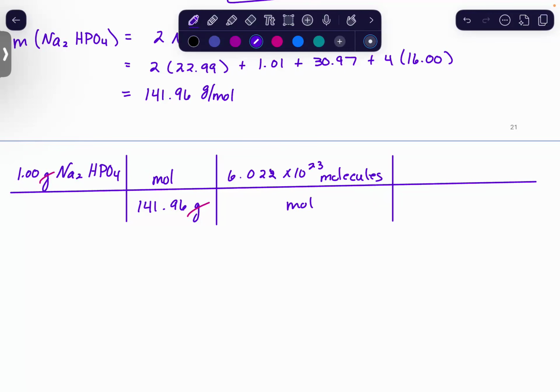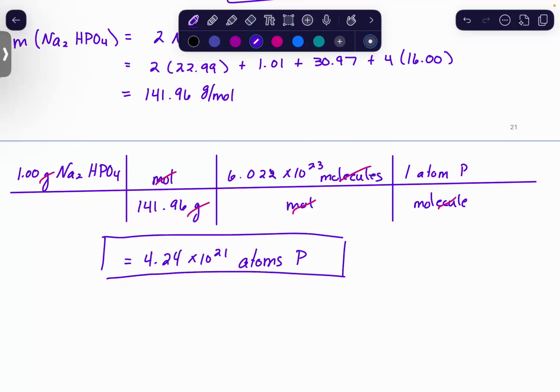And then of course, moles divides out. And I know that I have 1 atom of phosphorus per molecule. Okay, so then molecules will divide out. Now I'm going to multiply across the top, divide by the bottom, and I'm going to get 4.24 times 10 to the 21st atoms of phosphorus.